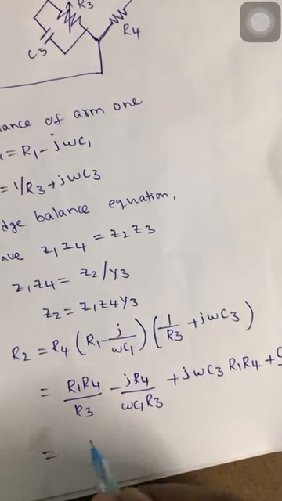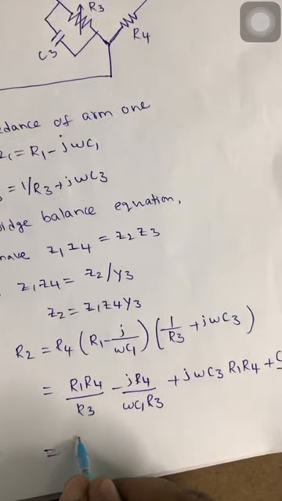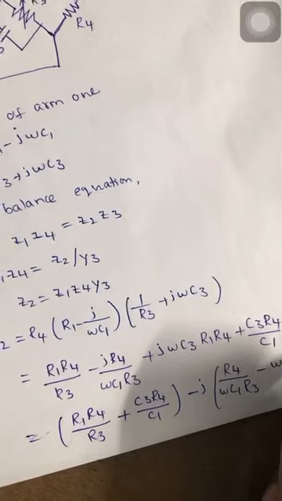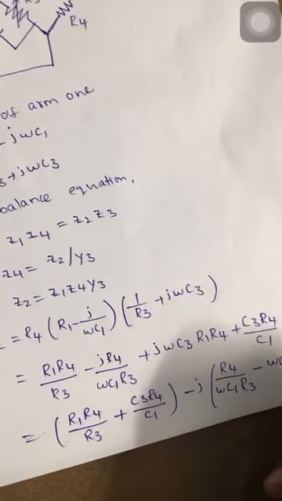So that equal to R1 R4 by R3 plus C3 R4 by C1 minus j into R4 by omega C1 R3 minus omega C3 R1 R4.